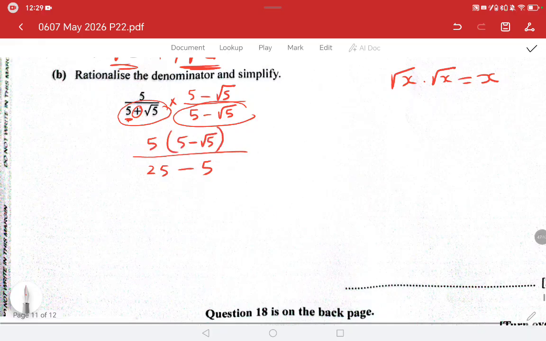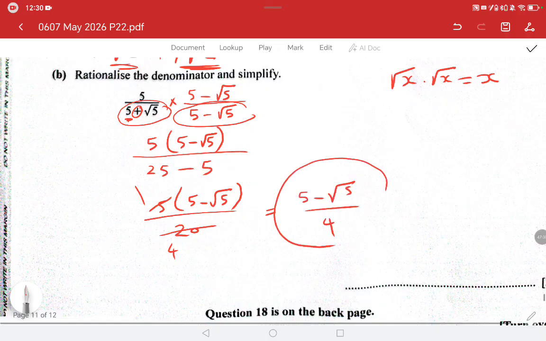It's usually better not to expand this 2 at the beginning; wait, maybe you'll simplify. So 25 minus 5 is 20, and here is 5 times (5 minus square root of 5). Look, 5 divided by 5 is 1, and here is 4. So (5 minus the square root of 5) divided by 4 will be the answer to this question.